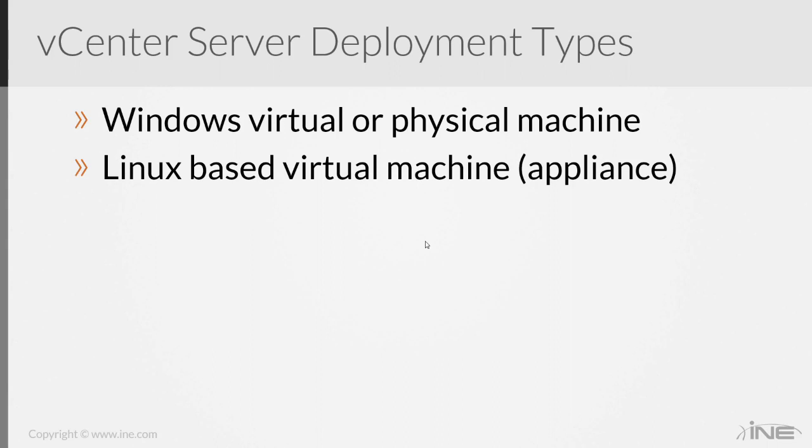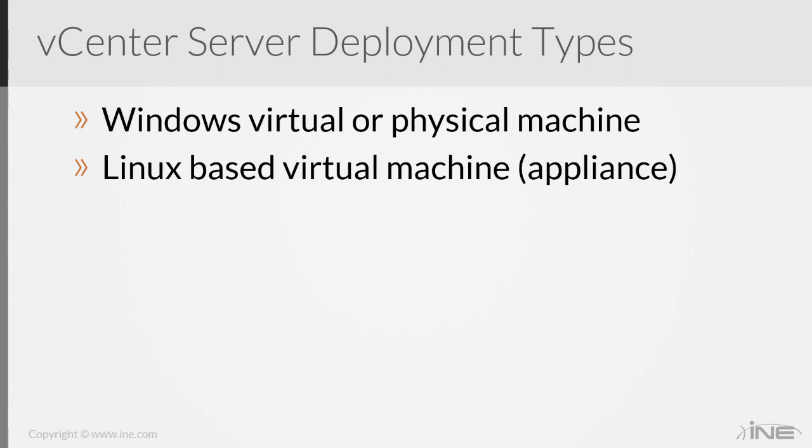The Windows-based uses the bundled vPostgres database, and it's recommended for environments with up to 20 hosts and 200 VMs. This is VMware's recommendation. Or you could use an external database for storing your data.